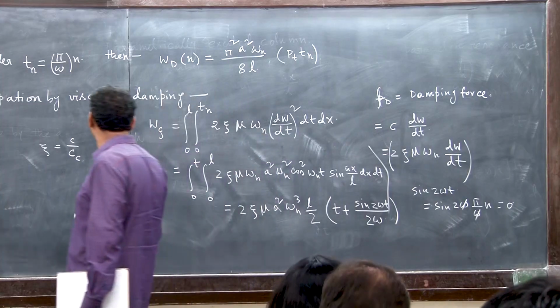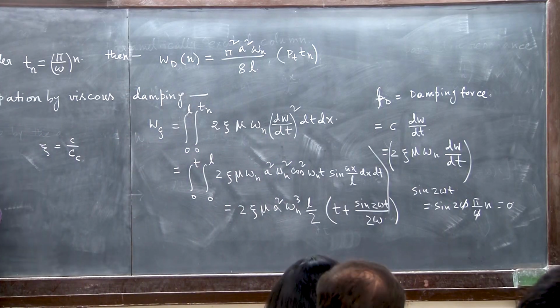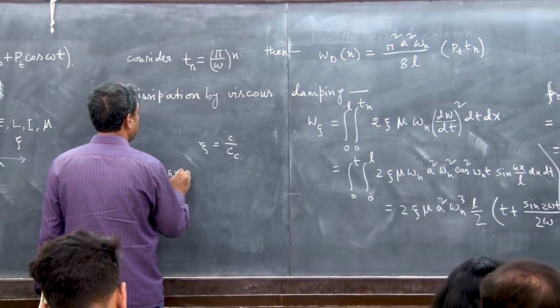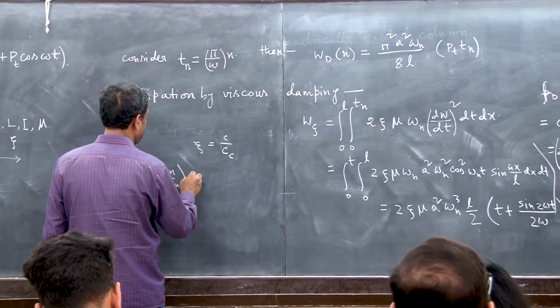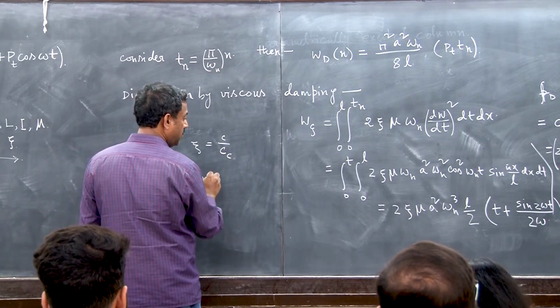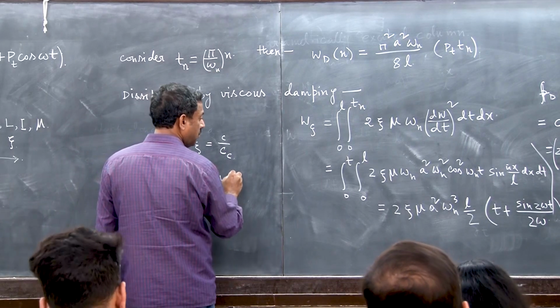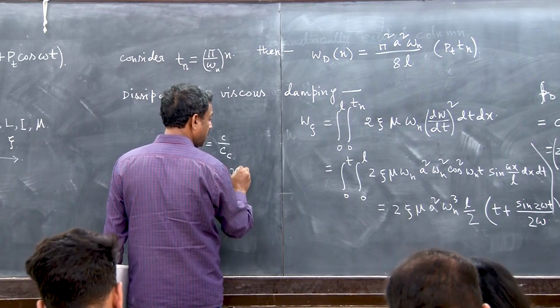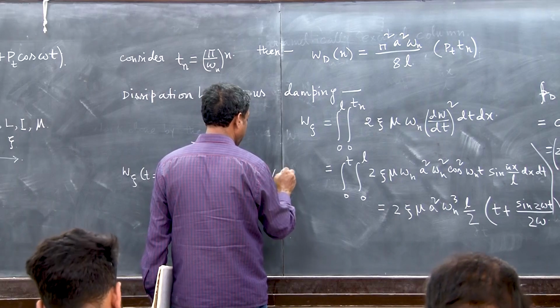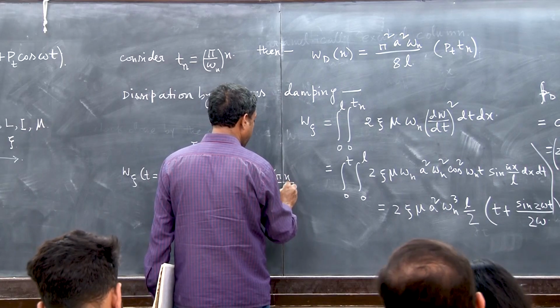So over each cycle, the dissipation at t equal to pi n by omega n will be 2 xi mu square omega n cube L by 2, with t equal to pi n upon omega n.